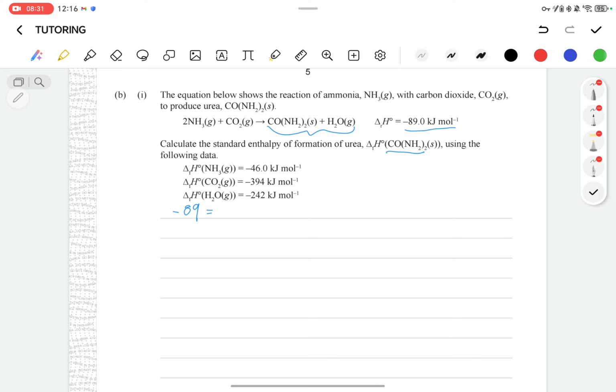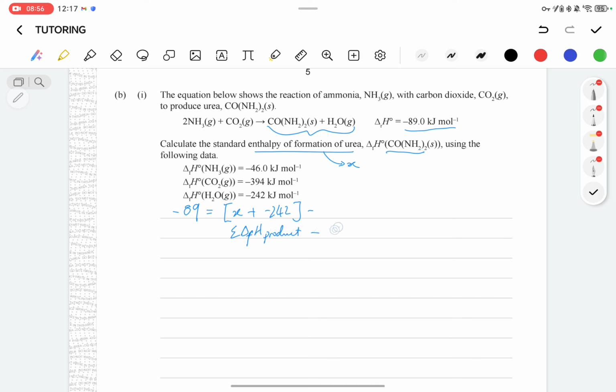The enthalpy of reaction is negative 89 kilojoules per mole, and this equals the enthalpy of formation for the products minus the reactants, if you remember from year 12. We're asked for the standard enthalpy of formation of urea, so let's make that x. So we have x plus the enthalpy of formation for water, which is negative 242. This is the sum of formation for the products.